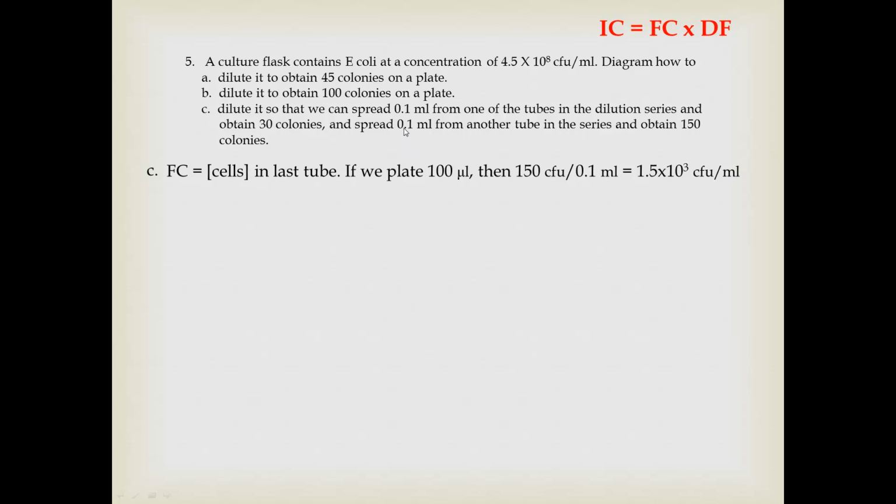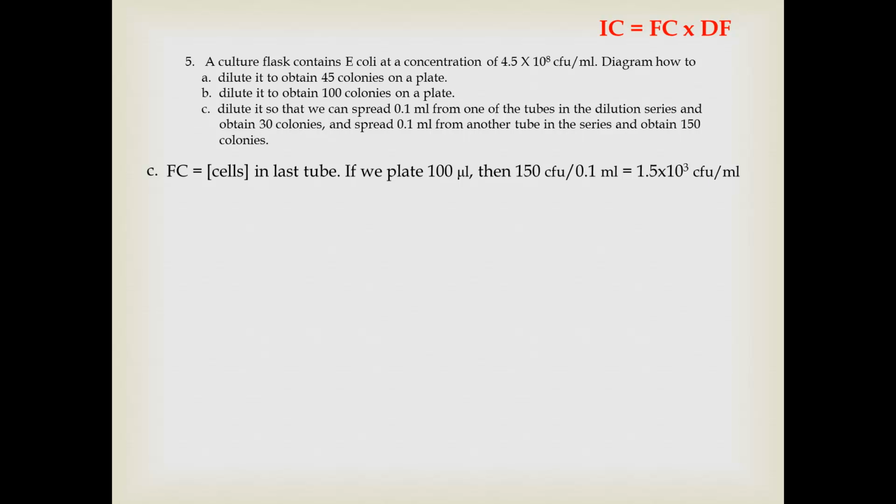We even know what we're going to plate this time, unlike with problem A and problem B. So if the FC is the concentration in the last tube and we're plating 100 microliters or 0.1 mils, then 150 colony forming units per 0.1 mils means that our final concentration for this tube is 1.5 times 10 to the 3rd colony forming units per mil.